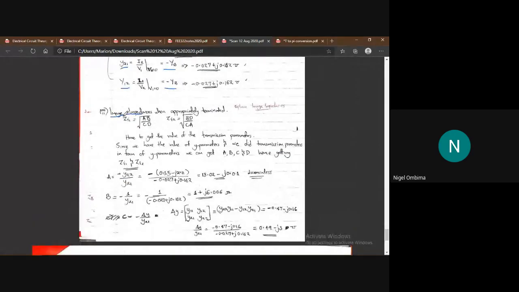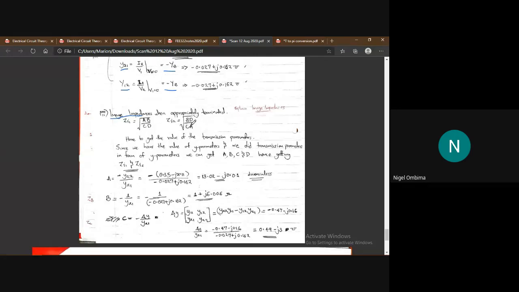Image impedance, there are these two formulas. There's a whole 2-page derivation of these two formulas. I haven't seen a question where he has asked you to derive these two, but just memorize it and write it by hand during the exam so you can use it anytime. Zi1 is equals to root of AB over CD, and Zi2 is equals to root of BD over CA. These are transmission parameters.